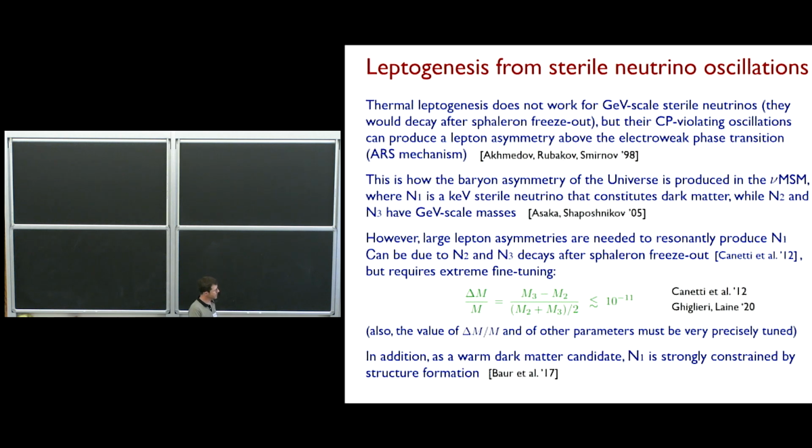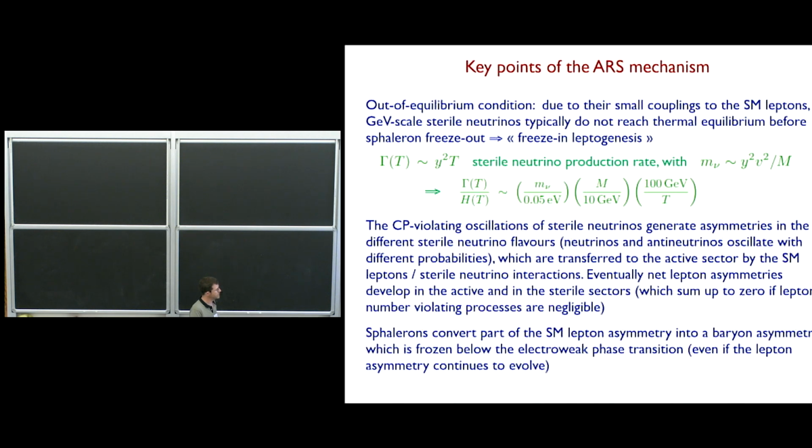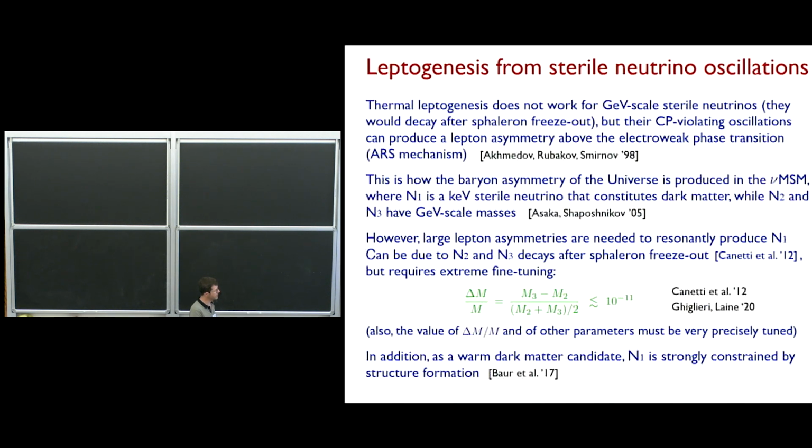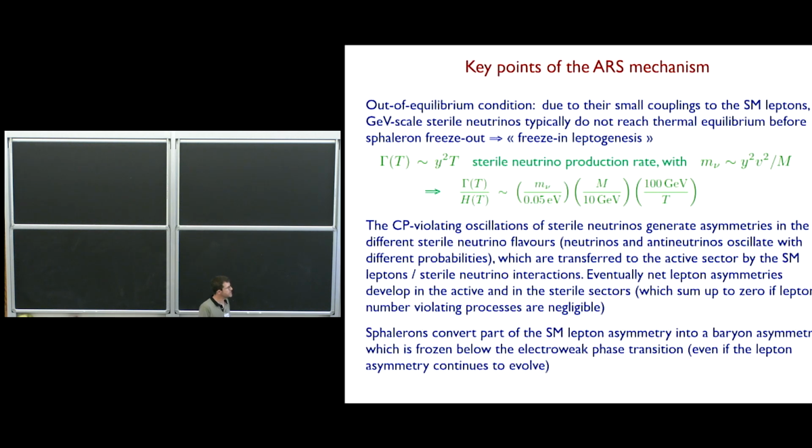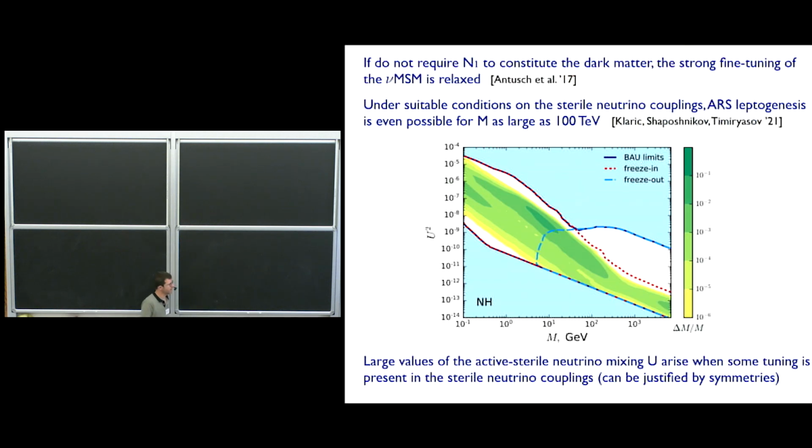Let me just say that for this mechanism to work, you need also some level of degeneracy, not necessarily as strong as the one indicated here. This is from some particular model that is called the nuMSM. But you typically need some sort of degeneracy among the sterile neutrinos.